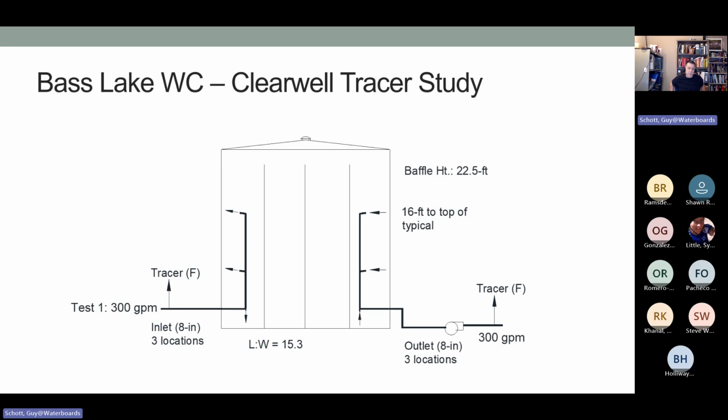When I first started with the modified method, I've done tests where we did the full step dose and then we did a modified one, and we basically got the same results.